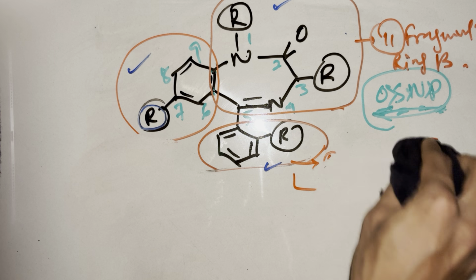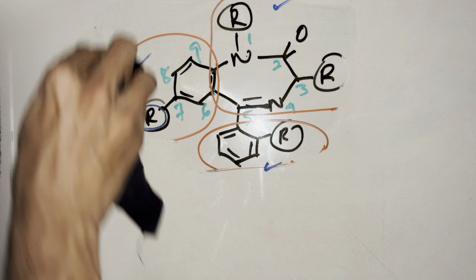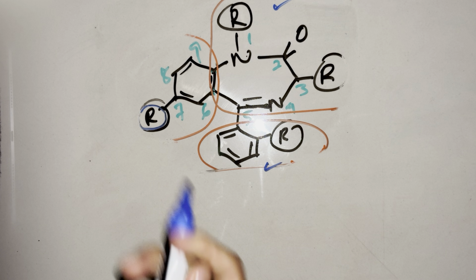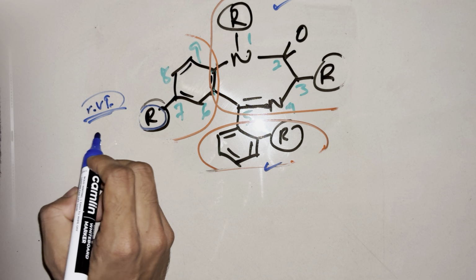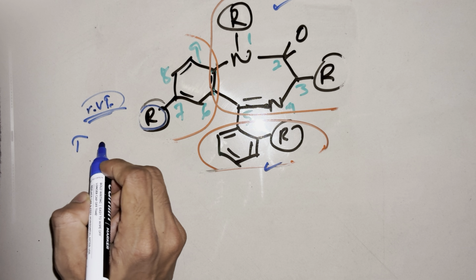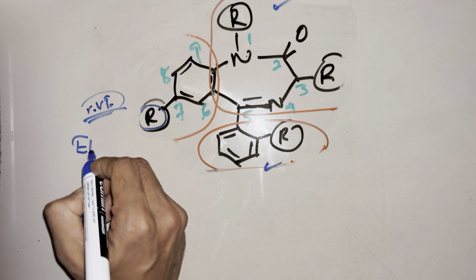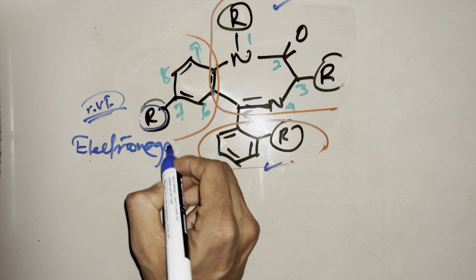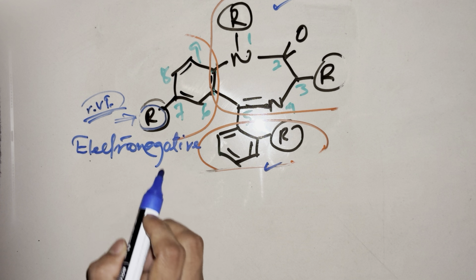So you have to remember that this ring A contains one R group at the 7th position. This is a very important point: a highly electronegative atom should be present at the 7th position.